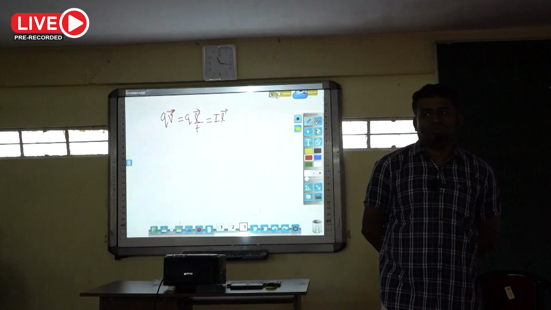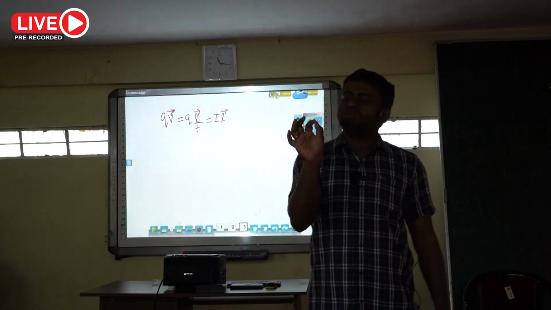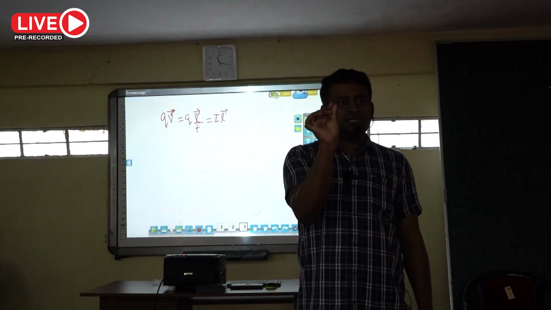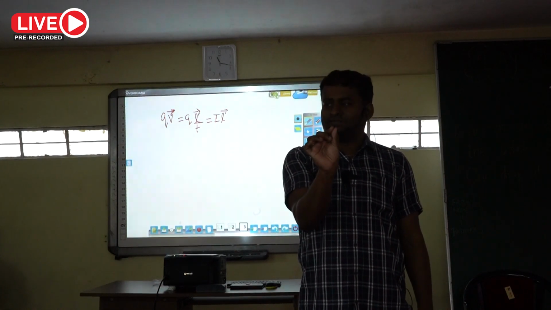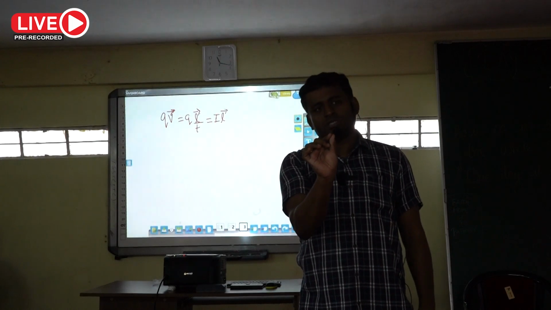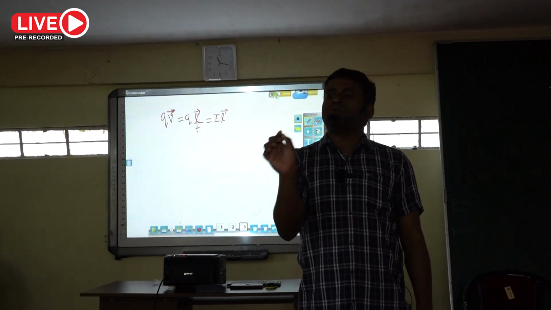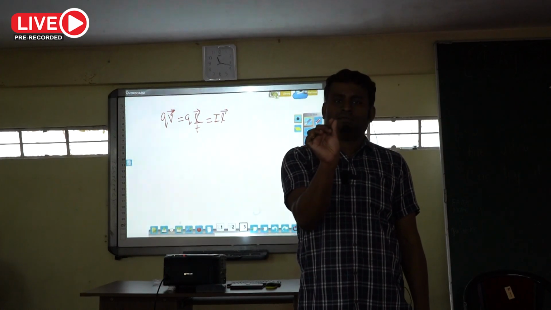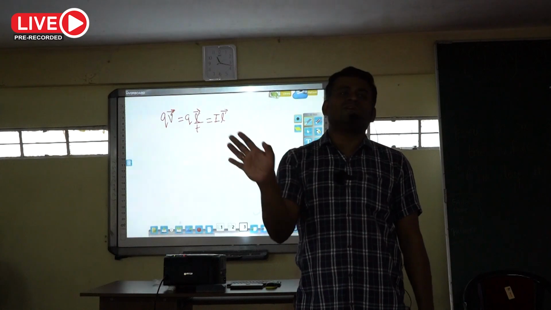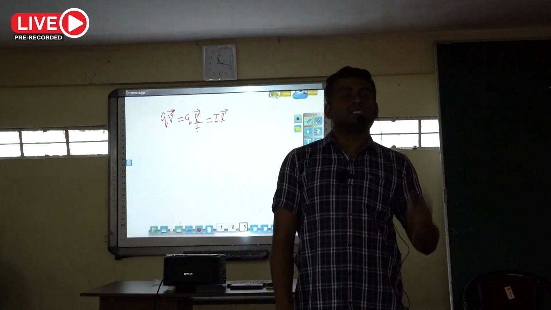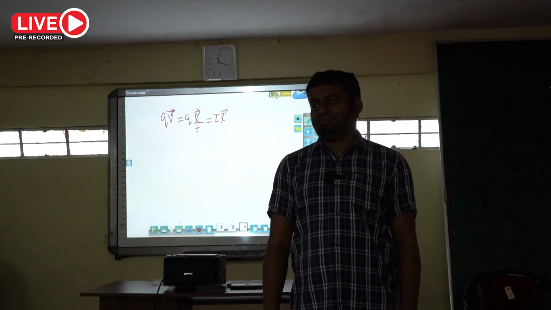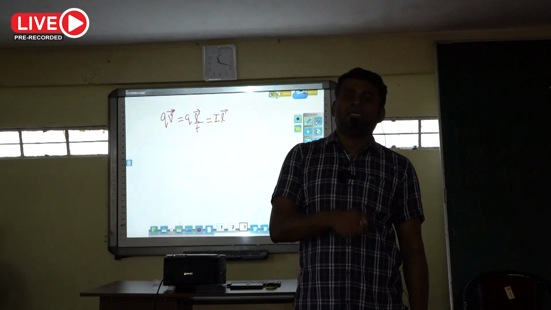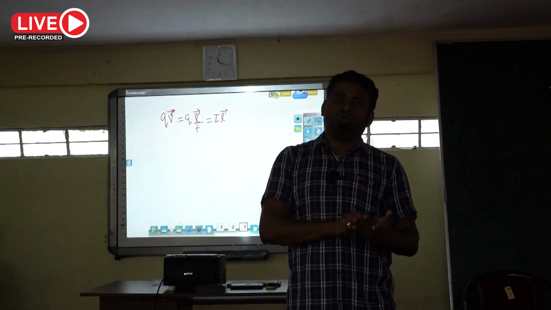No. If you think about these two situations, a positive electric charge placed in an electric field will experience force Q into E. Suppose a positive charge is placed in a magnetic field B. It will not feel any magnetic force because this charge is not moving, because magnetic force will only act on the charge if the charge is in motion.